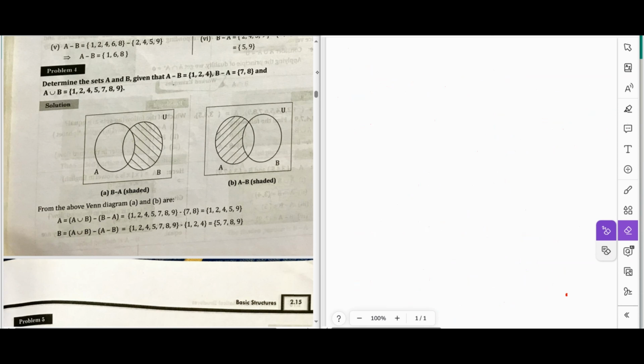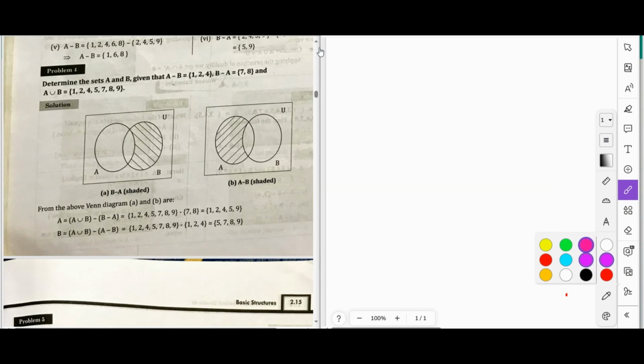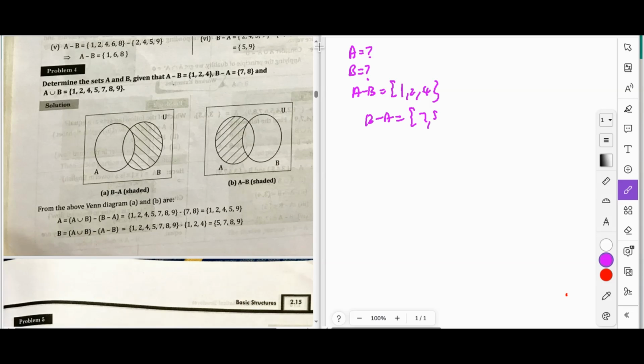Find the sets A and B. You have to find the value of A and B. A minus B is 1, 2 and 4. And B minus A is 7 and 8. Then A union B is 1, 2, 4, 5, 7, 8, 9.